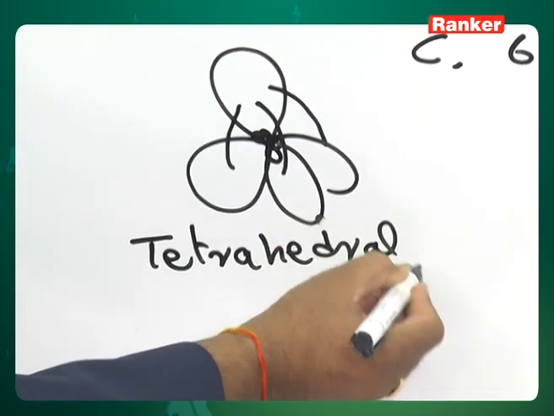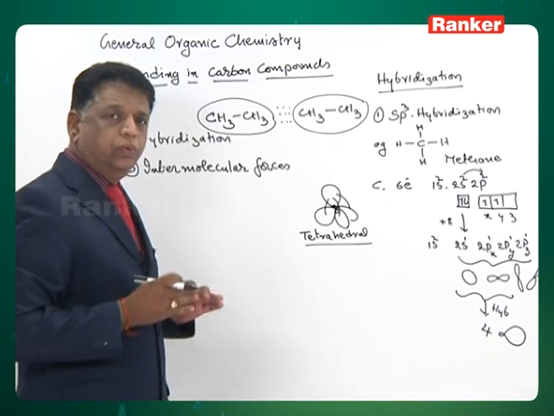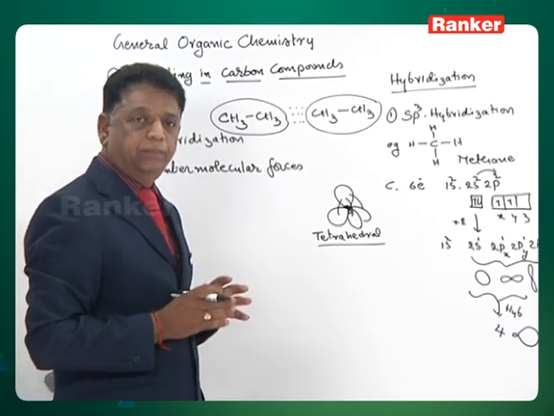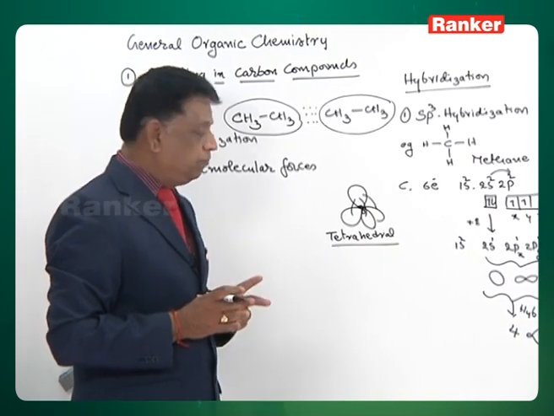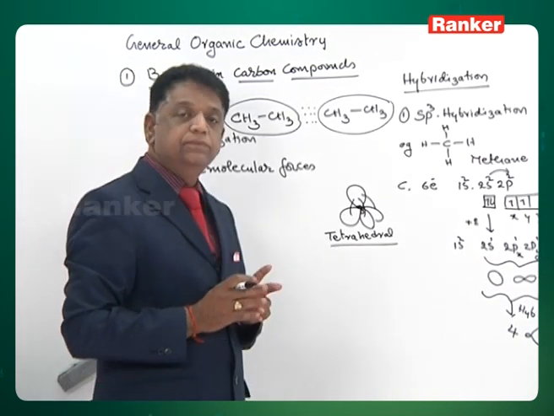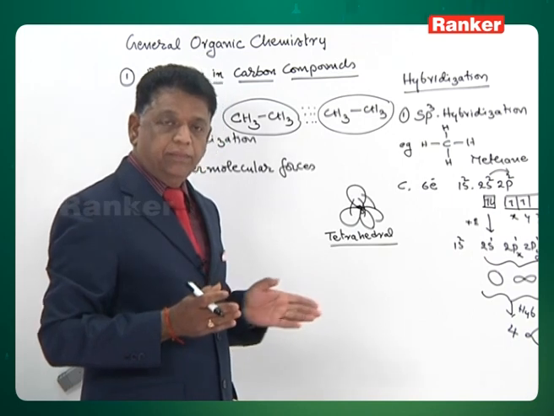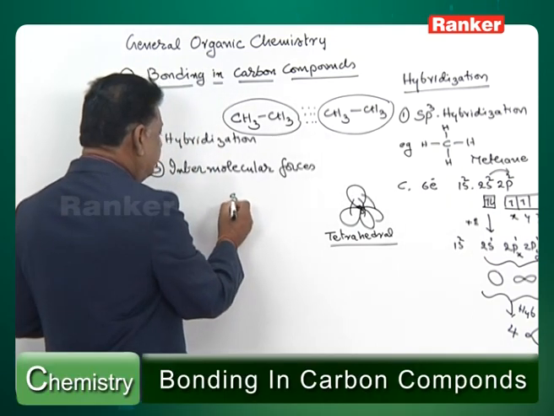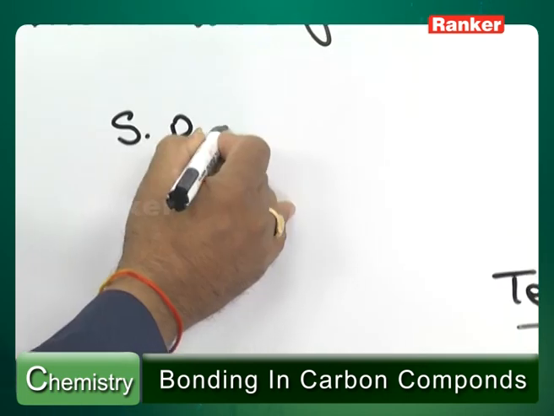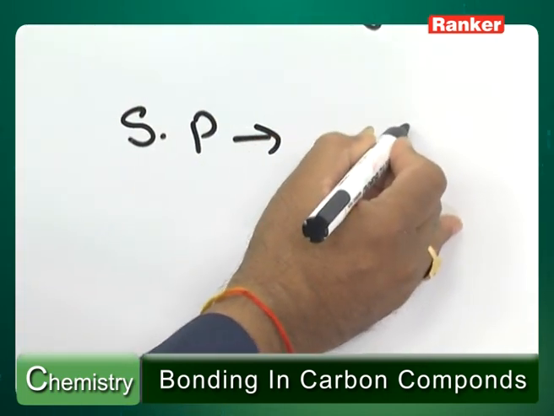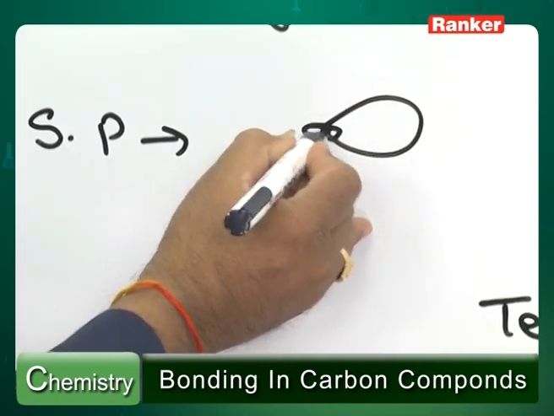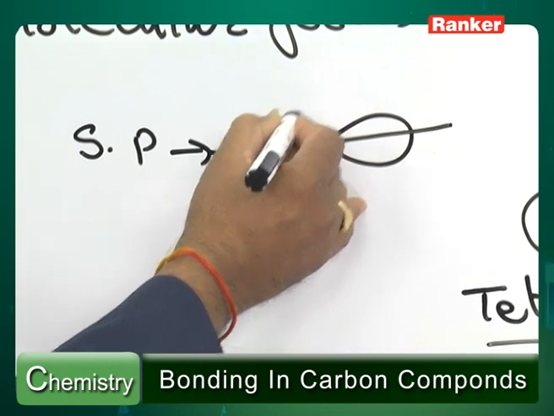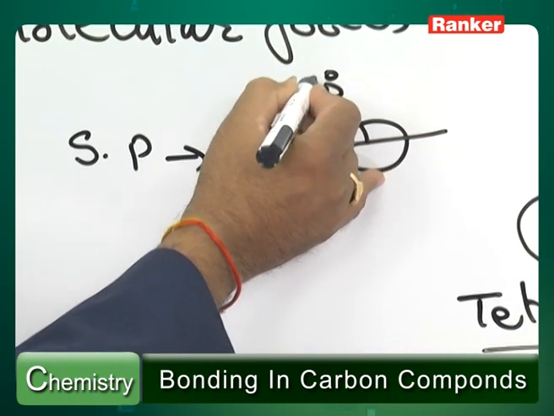In fact, the theory shows that if only 2 hybrid orbitals are formed, let us say s and p, sp, 2 hybrid orbitals, in order to have the maximum angle separation, they will have a linear shape. Only s and p are fixed and undergo hybridization. 2 sp orbitals are formed, making a linear shape, having the 180 degrees angle.